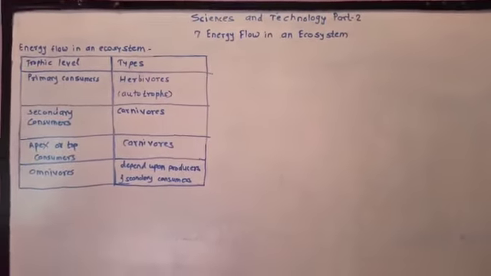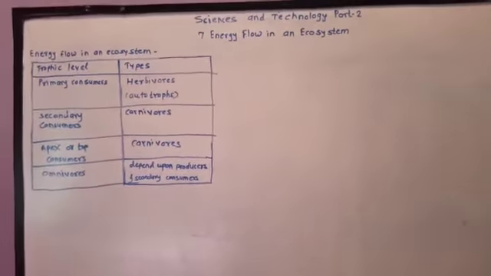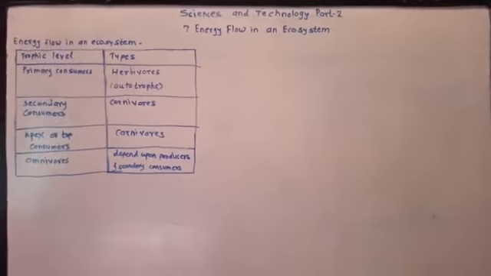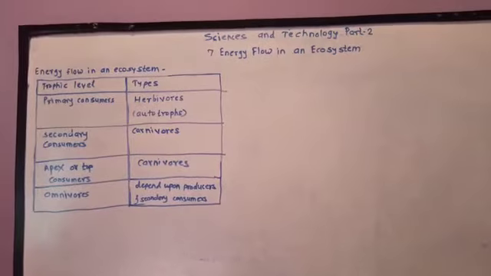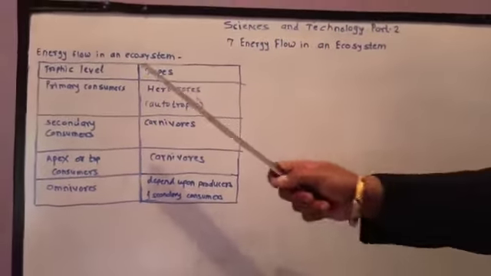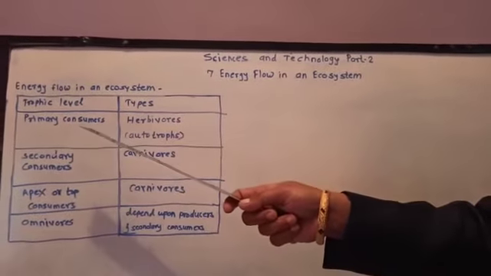The various trophic levels of these organisms in an ecosystem are given below. The first trophic level is the primary consumer.